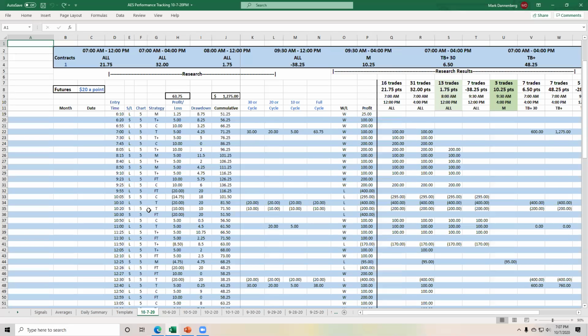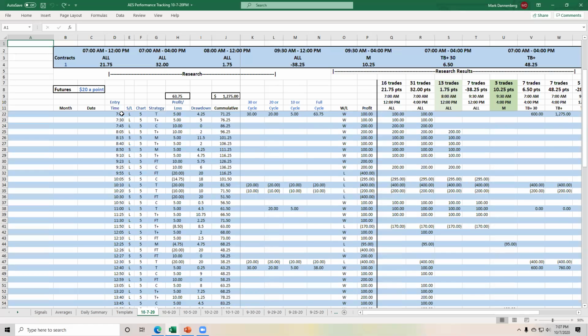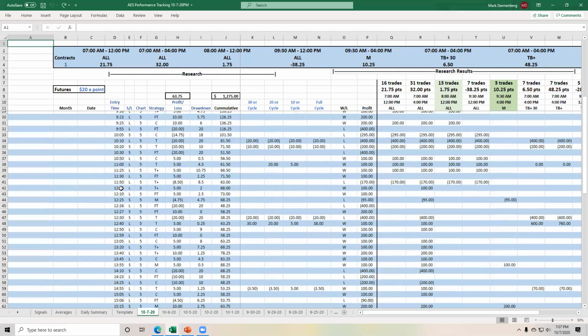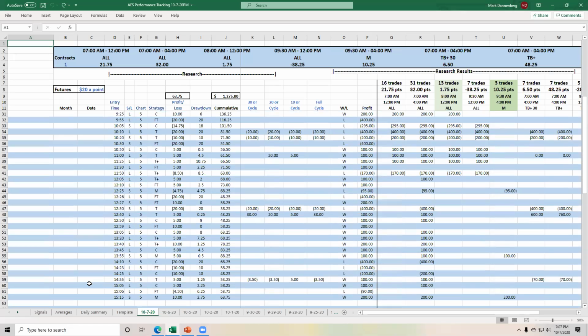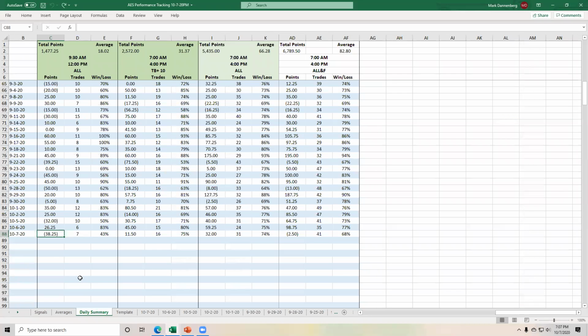We typically look at 7 a.m. Eastern on. Here's the profile today. We traded up until 3:15 today, and these are Eastern times. In the daily summary, we see the two primary areas where we focus our attention: 9:30 to noon, taking all signals that the adaptive entry system offers, and 7 a.m. Eastern to 4 p.m. Eastern, trading only the trend bias and trend continuation trades.